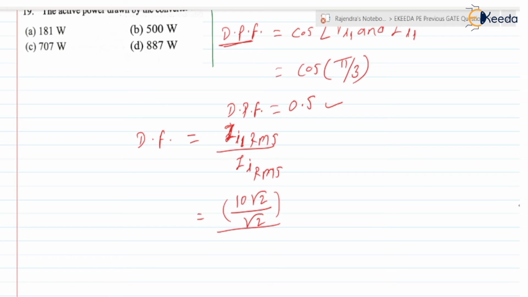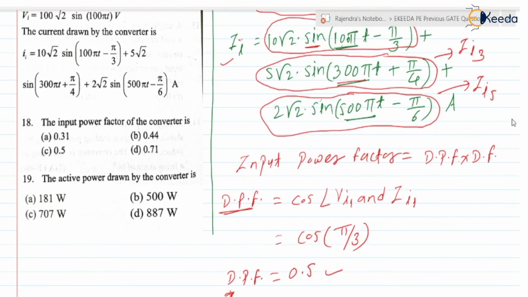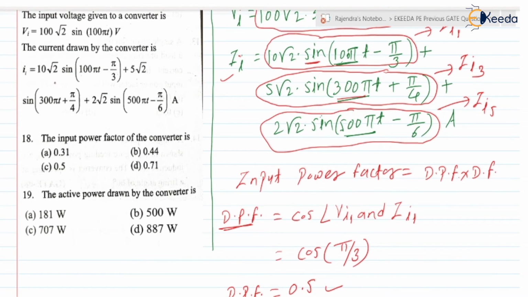Similarly, how to find I RMS? Yes, we can find I RMS as the RMS value of the fundamental component plus the RMS value of the third harmonic component plus the RMS value of the fifth harmonic component. We need to square those terms and put it under root.